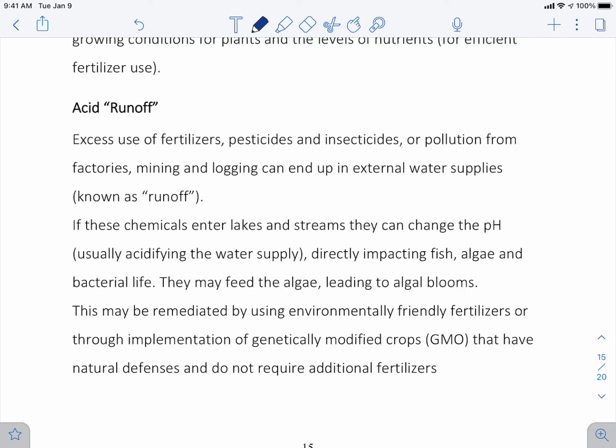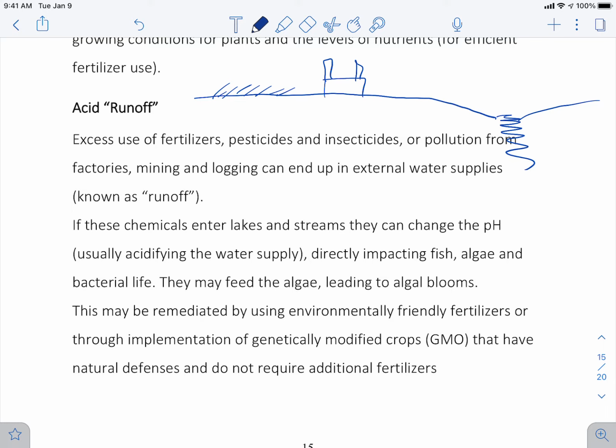So if we think about the natural way of the earth, all of the land always descends down towards water. And so your streams and your rivers are all lower than the land itself. So if you have a farmland here or you have a factory, right? And what else did we say? Pesticides, insecticides.